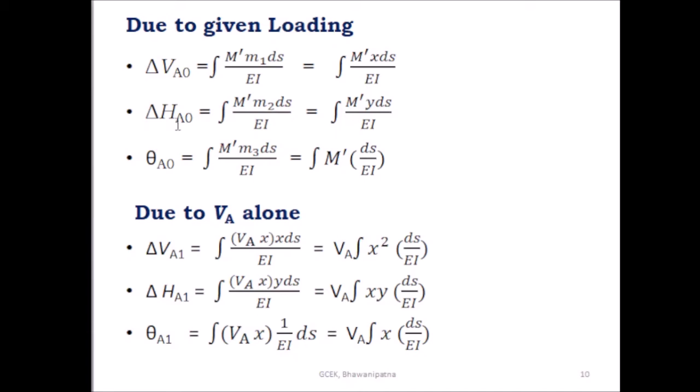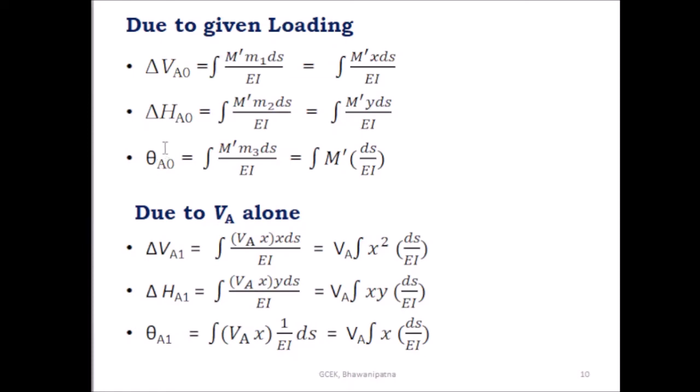Similarly, find out what is the change in horizontal displacement due to the given loading. Delta HA0 is equal to integration of m dash m2 ds by EI. So m2 you know is y, so here you put m dash into y into ds by EI.